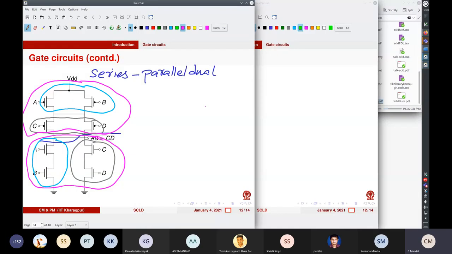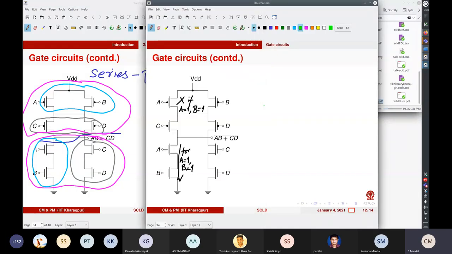By the way, this is called an AND or invert gate.